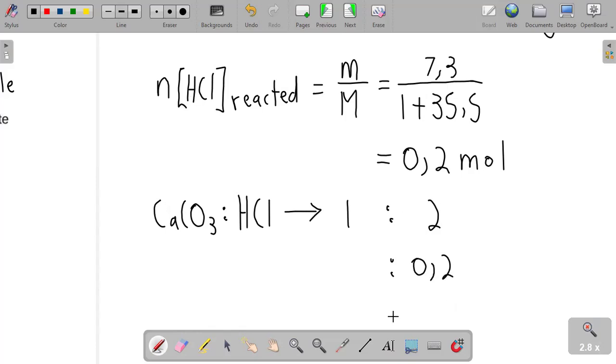So 1 mole will react with 2 moles, so it means 0.2 moles of HCl will react with 0.1 moles of calcium carbonate. It just makes sense, isn't it? If you have 1 here, you have 2. So if you have 0.2, then this side you're going to have 0.1. So this is the number of moles for calcium carbonate.